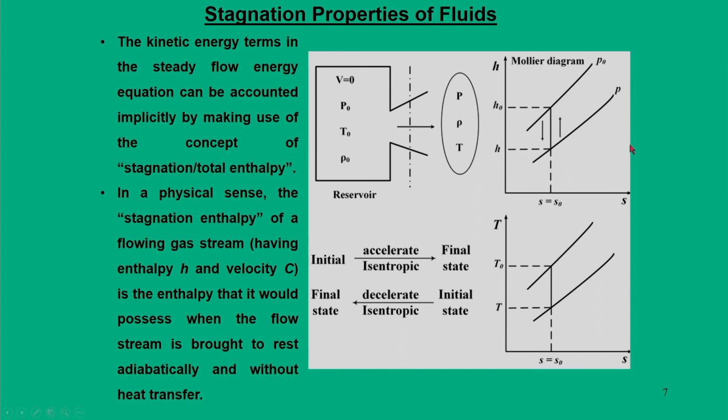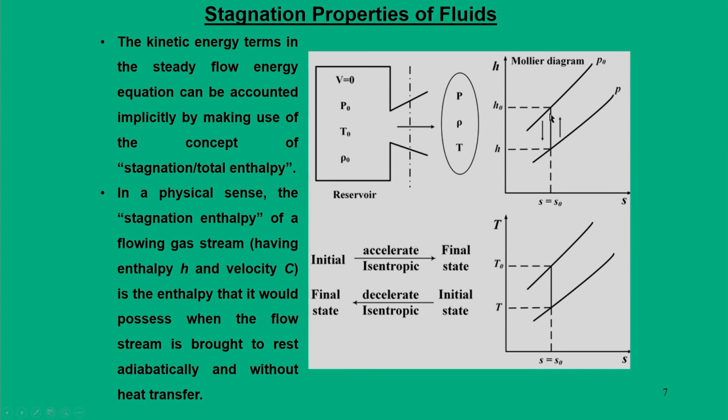Now, if you want to refer to this enthalpy diagram, the flow has a certain enthalpy at a certain pressure. So, we can define another parameter called the stagnation enthalpy, which is much higher than this.